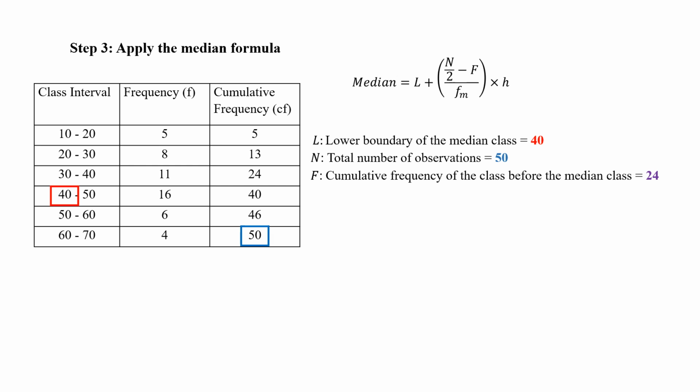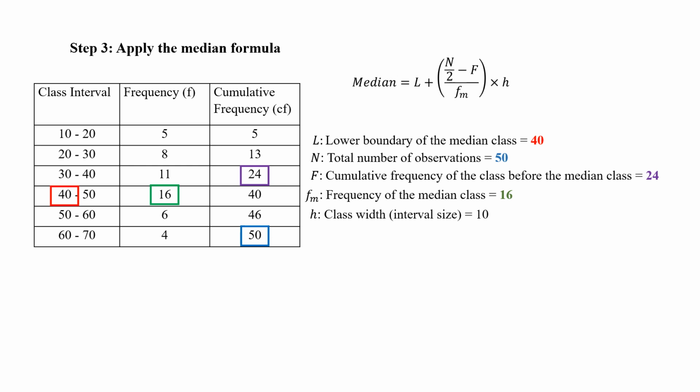The class before the median class is 30 to 40, so the cumulative frequency in the table is 24, and fm is the frequency of the median class, which is 16. As you can see in the table, the frequency of the median class is 16. Here h is the class width, or the interval size of the class, which is 10.